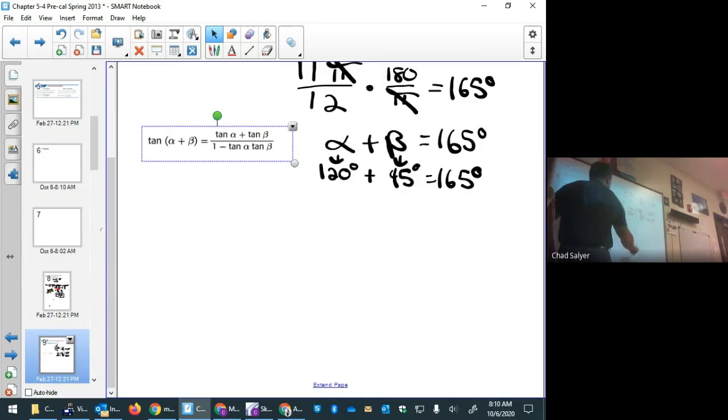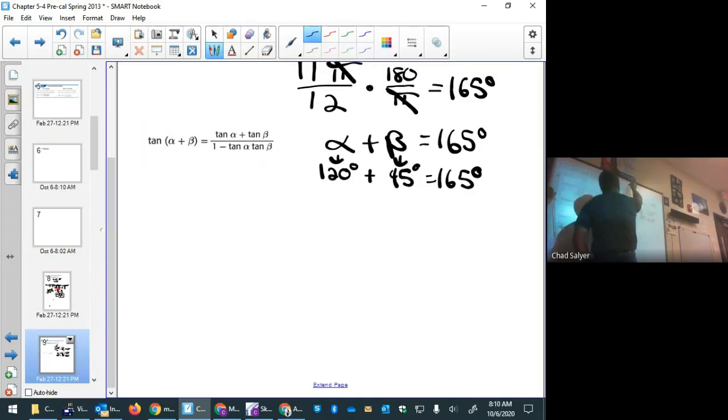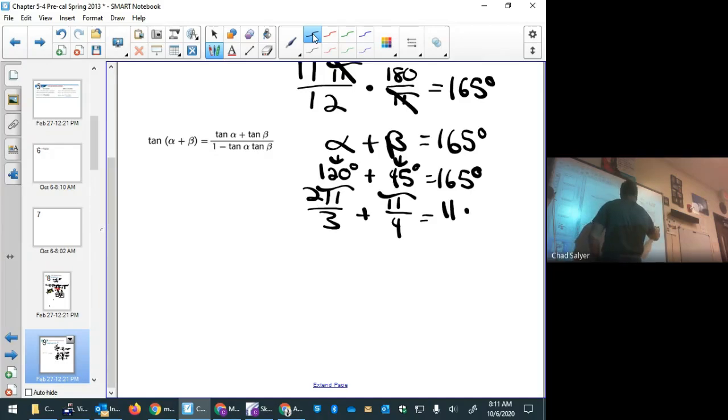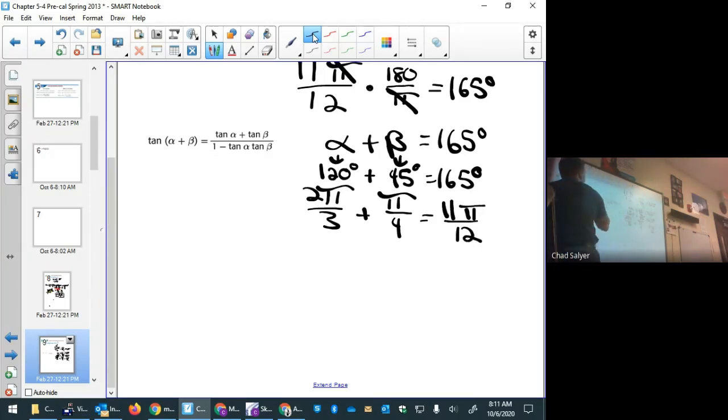So I'm going to change these back into radians. So this is 2 pi over 3 plus pi over 4 equals 11 pi over 12. So I've got the tangent of 2 pi over 3 plus pi over 4.